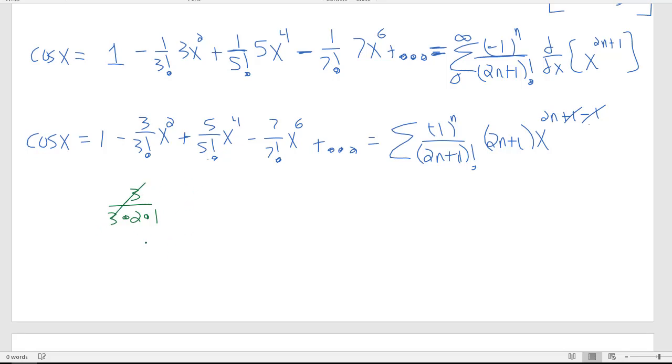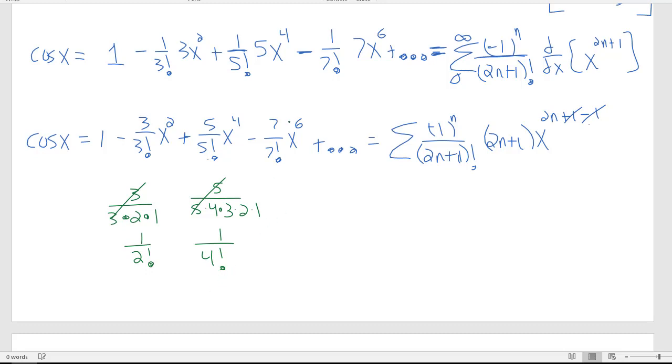They kind of reduced out. And I end up with 1 over 2 times 1, which is 2 factorial. If I look at my next coefficient, 5 over 5 factorial, that's really 5 over 5 times 4 times 3 times 2 times 1. Similar, the 5's cancel, and I really end up with 1 over 4 factorial.